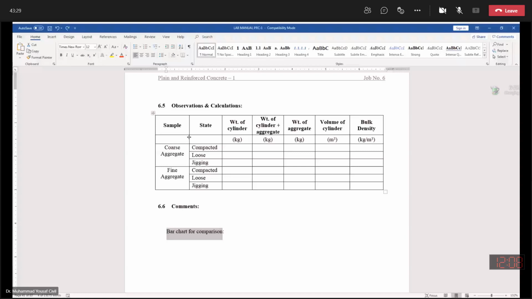So this way you will be preparing that bar chart for all these three states, and you will compare the percentage, up to what maximum value, how much higher bulk density is for the compacted and the jigging procedure.